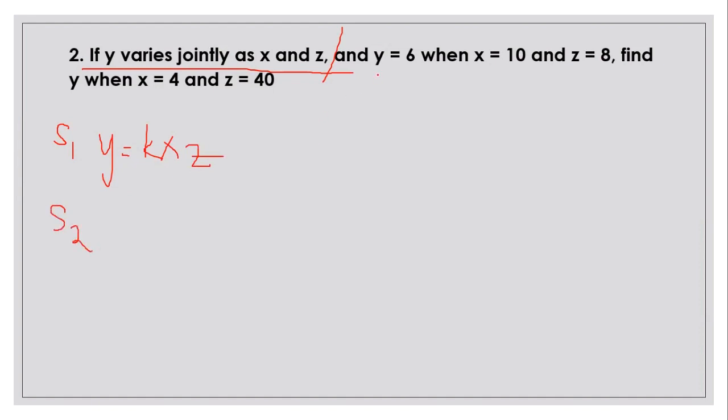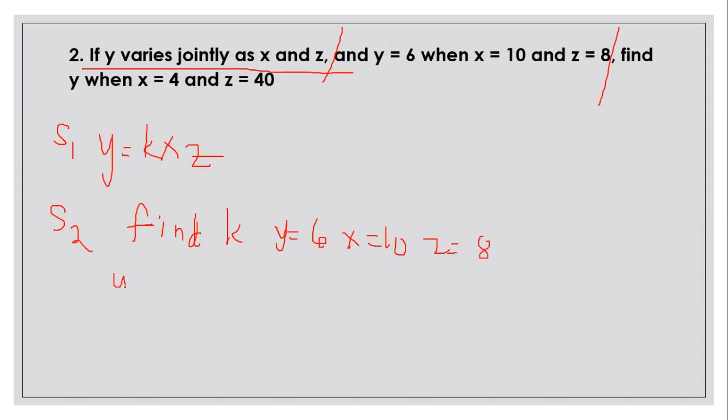Step number 2: y is equal to 6 when x is equal to 10 and z is equal to 8. Find the constant k, if y is equal to 6, x is equal to 10, and z is equal to 8.